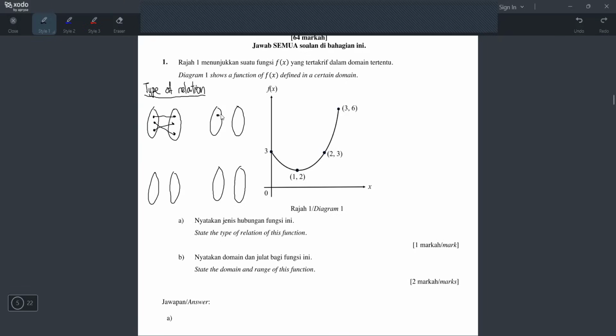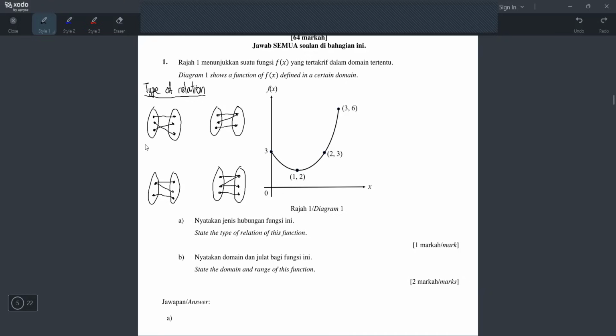The second one is like this, and the third type is like this. And the final one is like this.